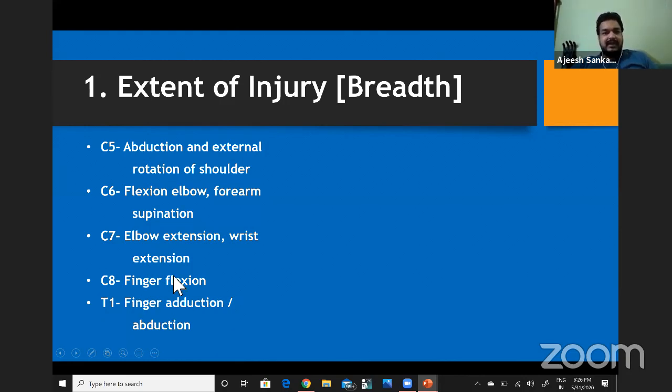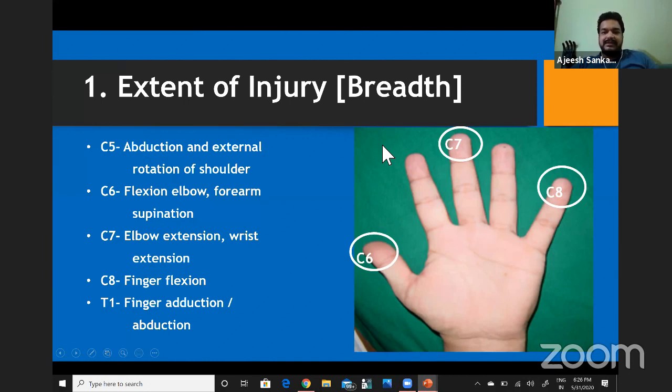The same thing, apart from motor, applies when you go into the sensory examination as well. C6 mostly supplies the thumb and the index, C7 the middle three fingers overlapping, and C8 goes to the small finger. So a dermatomal examination of C6, 7, and 8 should give us an idea of which components of the brachial plexus are involved.